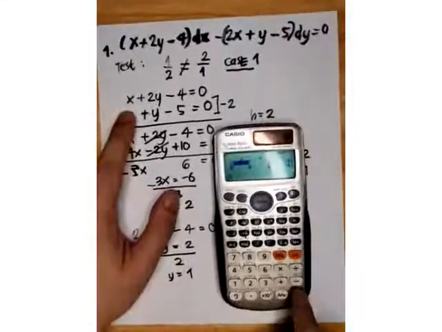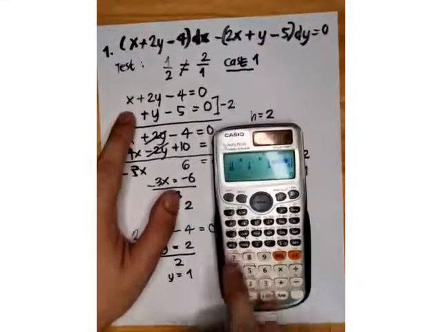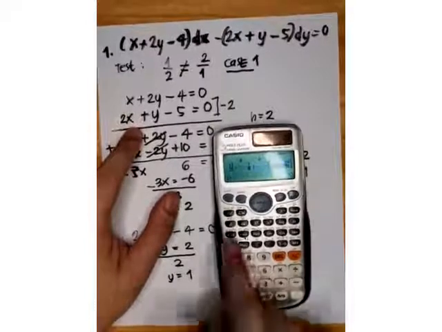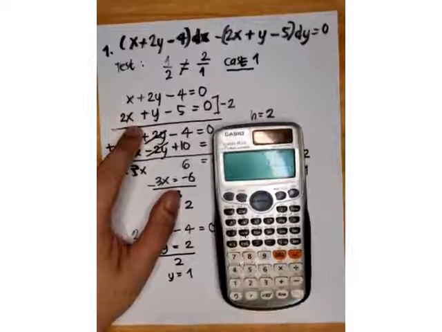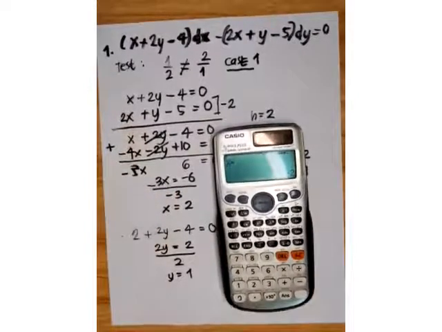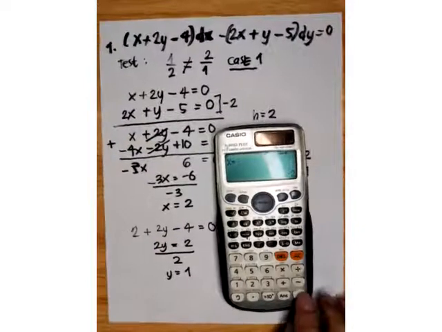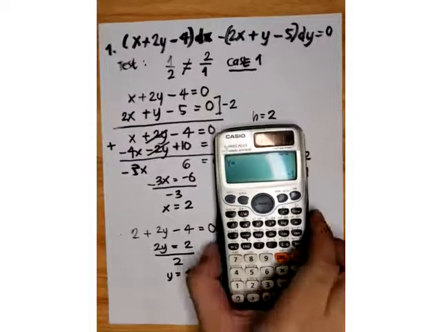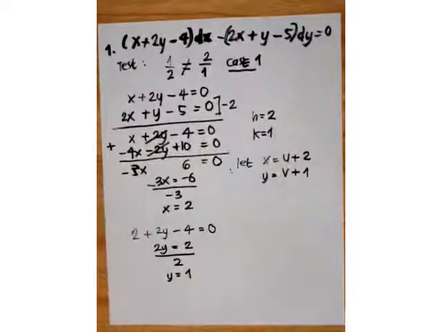So 1, 2, negative 4, and then 2, 1, negative 5, equals. So dito nakasulat is x is equal to negative 2. Kailangan nyo siyang i-transpose. And then negative 1. So magiging positive. Change the sign. Ayan.